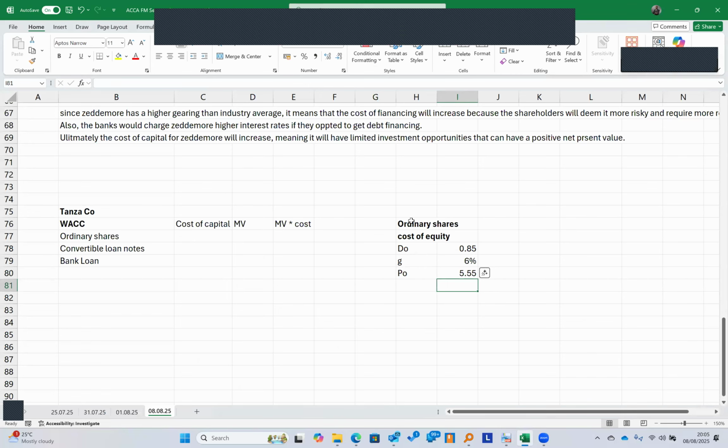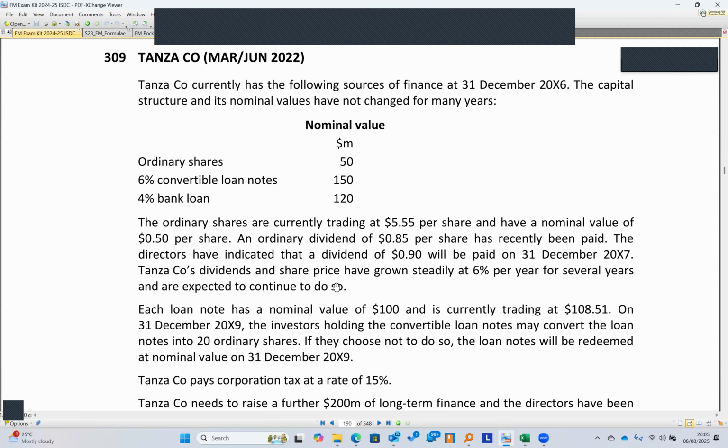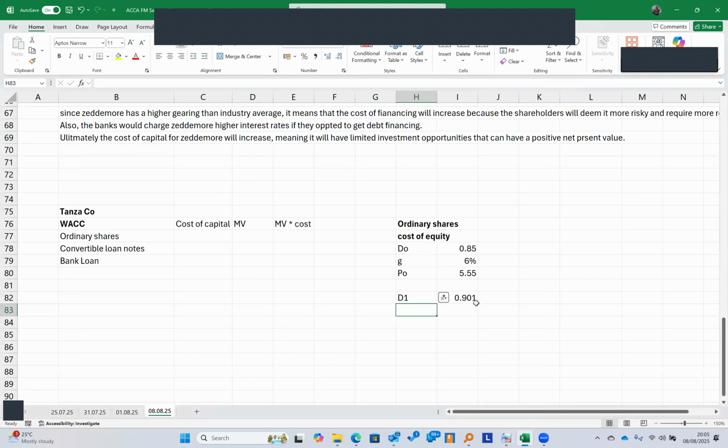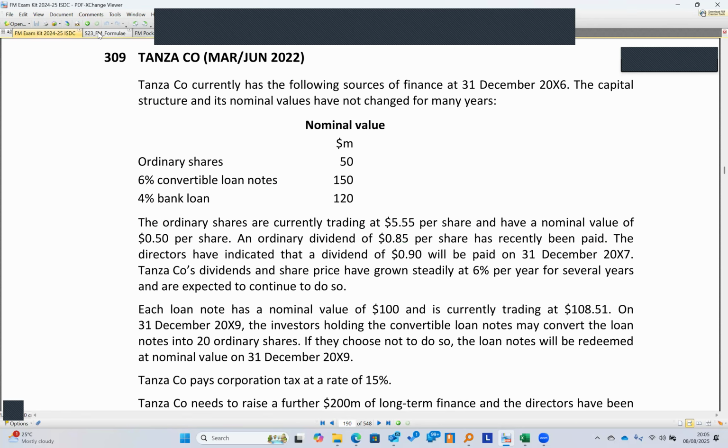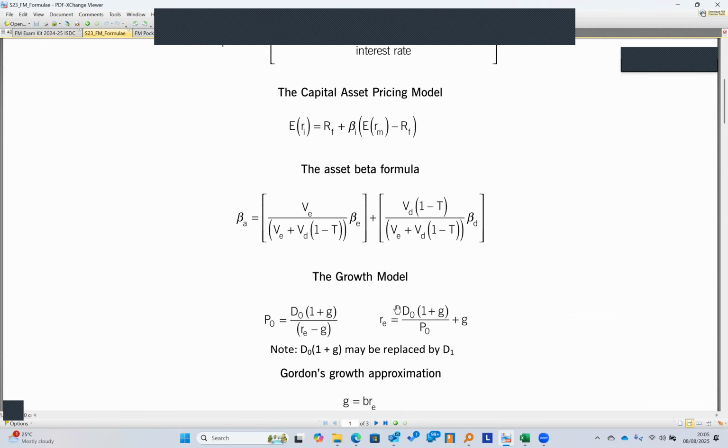Now, I wanted to tell you that D naught and D1 have a relationship. If you get D naught and multiply it by 1 plus the growth, you get D1. Okay? So you can use this formula here. This part above is D1. But when you don't have D1, it is D naught times 1 plus G, the same thing.